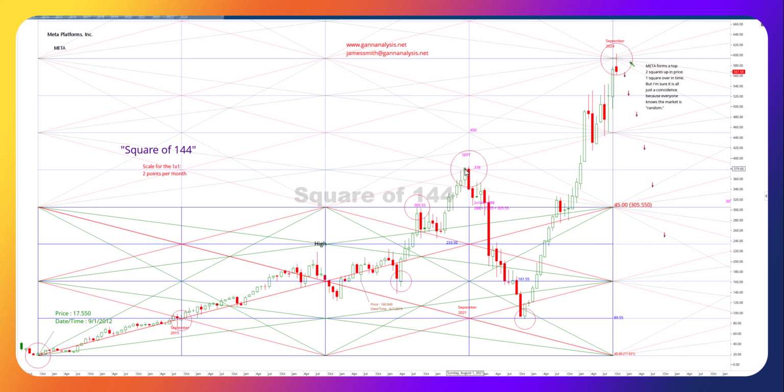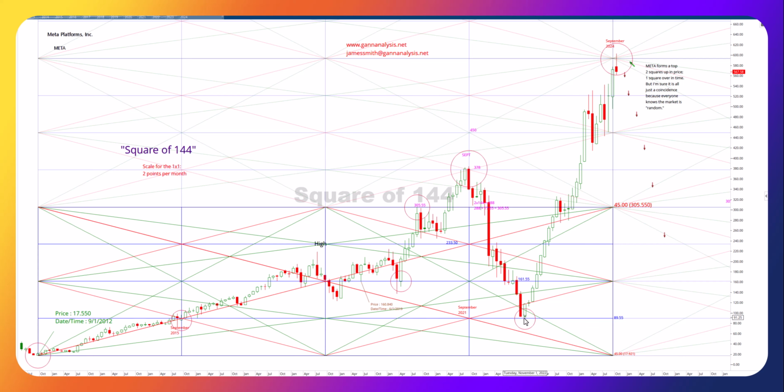So in this case, the reason you got a sell-off is because you were 1 1/4 squares up in price, 3/4 over in time. So there's some symmetry there, that it's responding to a time and price balance. Anytime you have time and price in balance, and if the market is oversold or overbought going into that time frame, you have a better chance of a trend change.